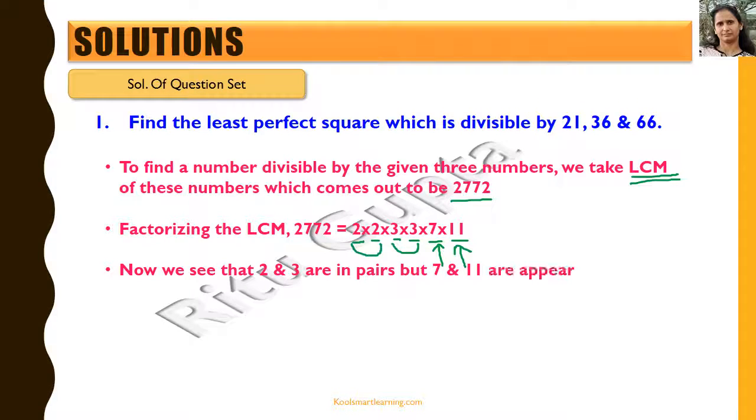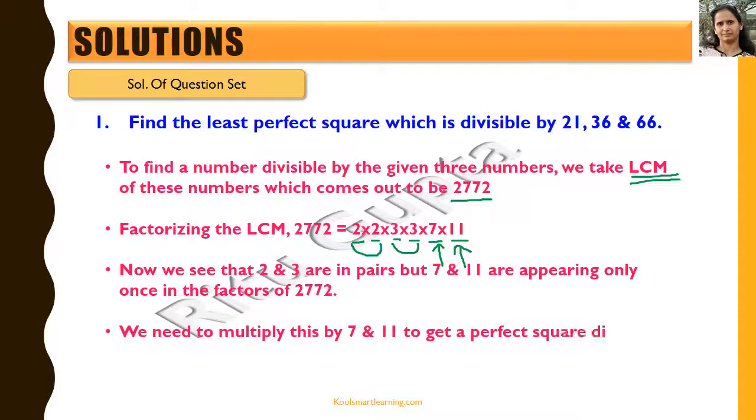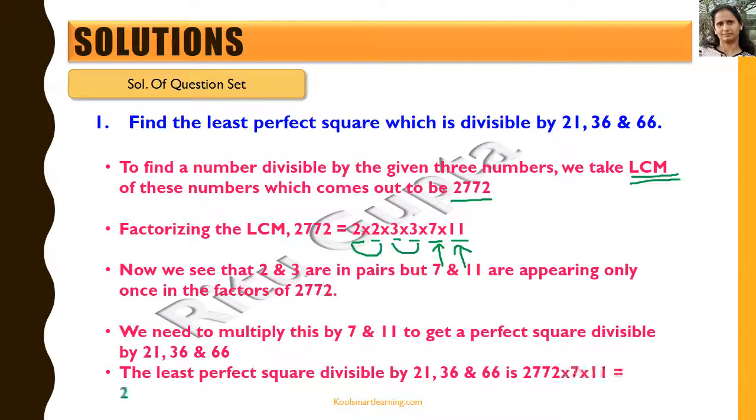So what do we do about it? Now we need to multiply this with 7 and 11 to get a perfect square which is divisible by 21, 36 and 66.